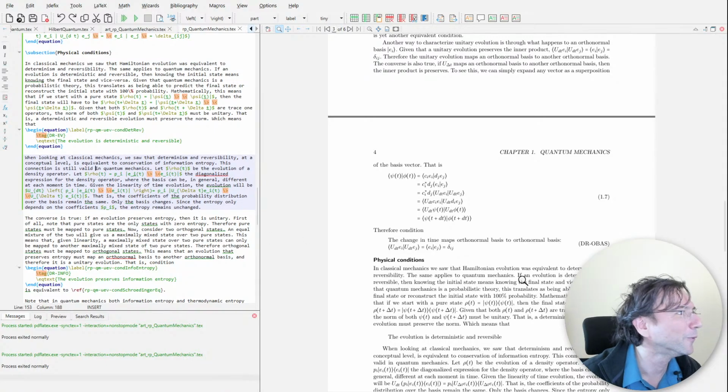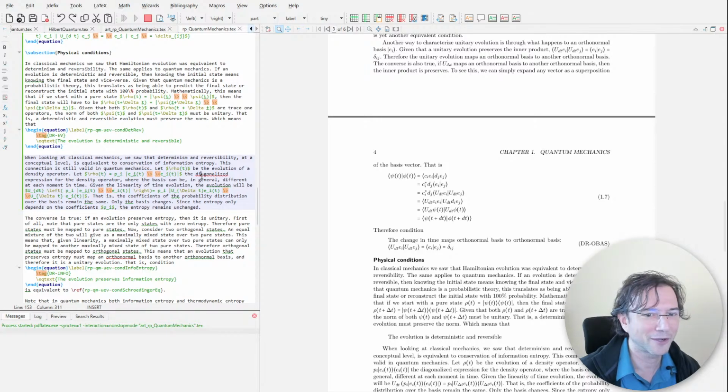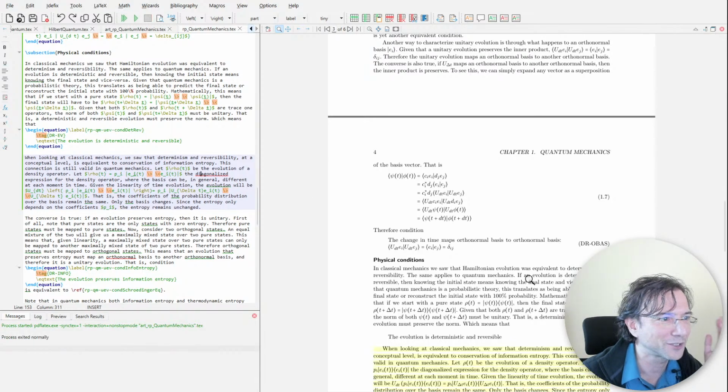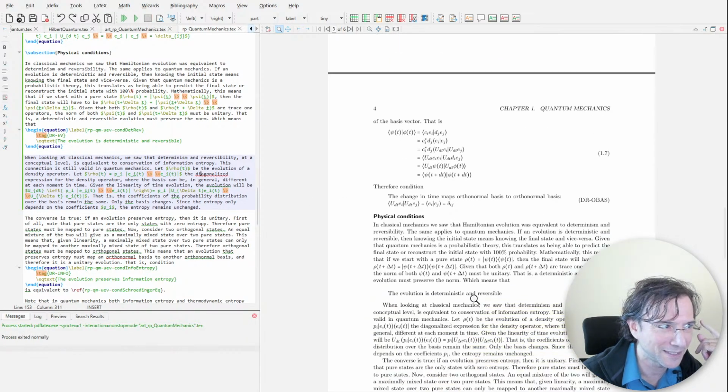So where was I? Okay, so we did that conservation of norm is essentially conservation of probability, which means that the evolution is deterministic and reversible.